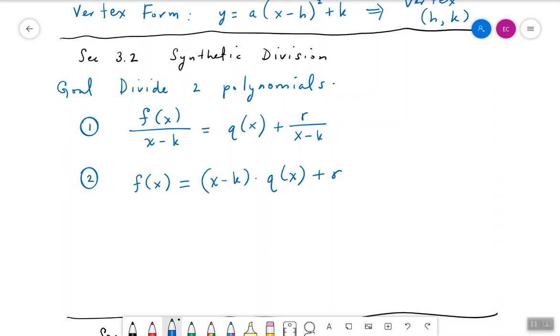And the really nice thing about this is that if r is equal to 0, then x minus k and q of x are factors.